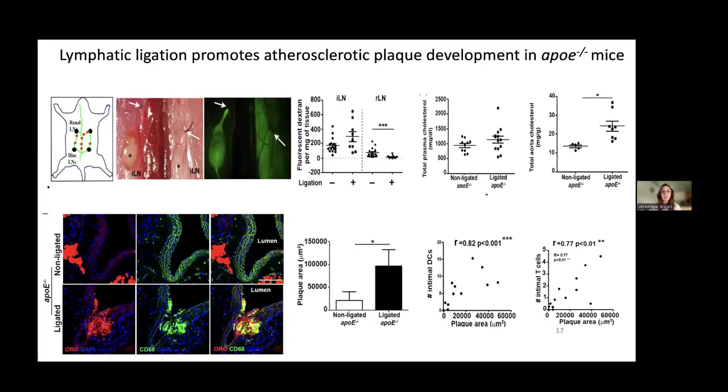So of course, the following question was how important this lymphatic drainage is in plaque development. To address how lymphatic drainage can affect the development of atherosclerotic plaque in ApoE knockout mice, we tried to interfere with the lymphatic drainage before we observe this impaired lymphatic drainage and before they develop atherosclerotic plaque.